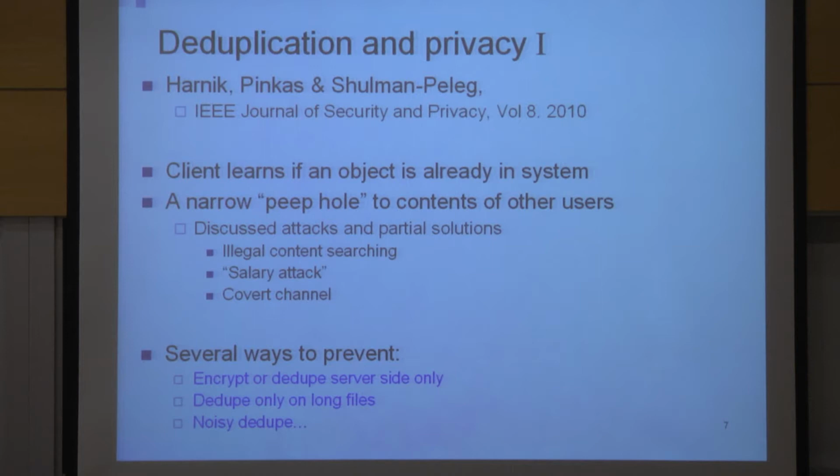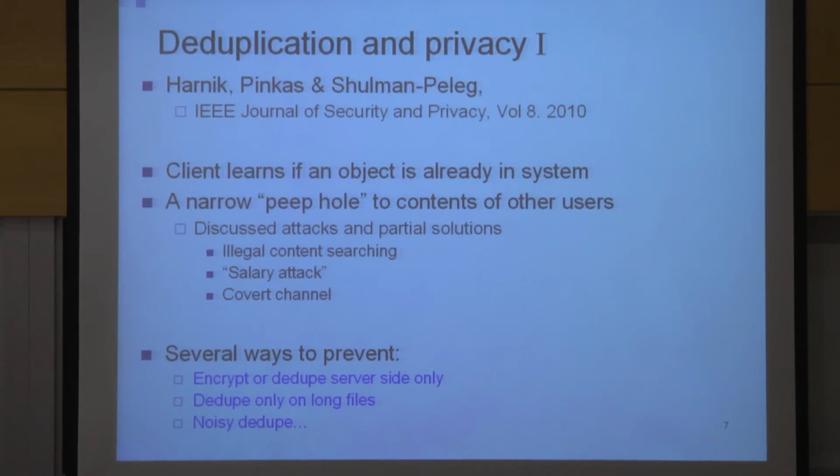It's a very small peephole, but it exists there. It works as follows. I can actually tell if someone has already uploaded a file to the system. It's narrow, but it's existent.